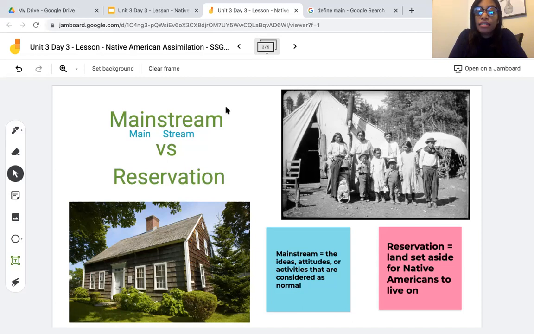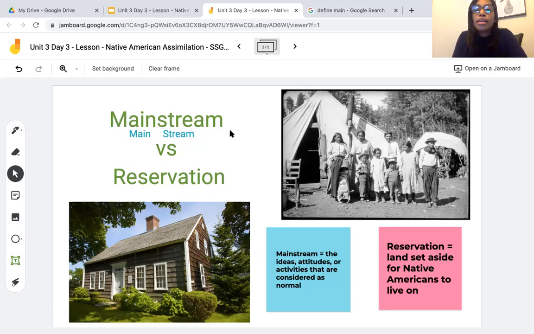And to kind of drive home this word mainstream, you want to break it apart because ELLs don't know what mainstream means. So we can break it up and say, well, what does main mean? Okay, so it means the most important, maybe something that we have to focus on. Like a main idea, like the big idea or big picture.